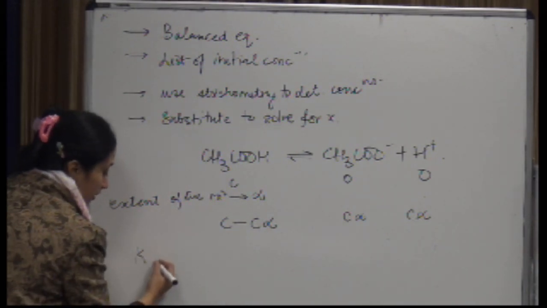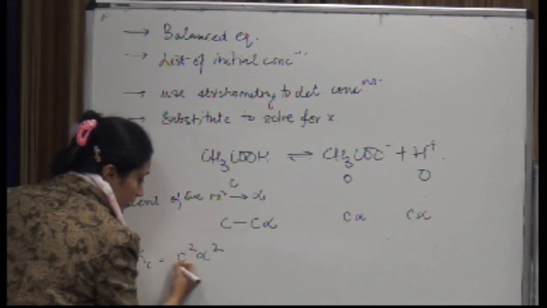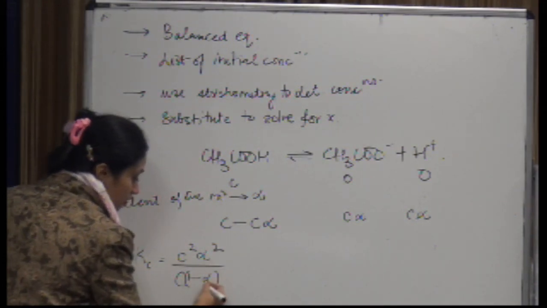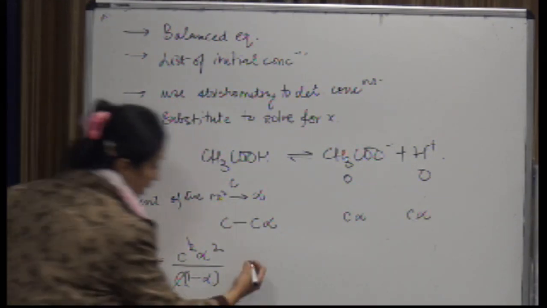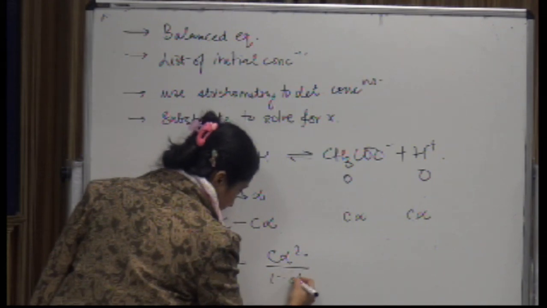What will be my equilibrium constant Kc here? That will be C square alpha square upon C into 1 minus alpha. C and C will get cancelled off. So I will have this as C alpha square upon 1 minus alpha.